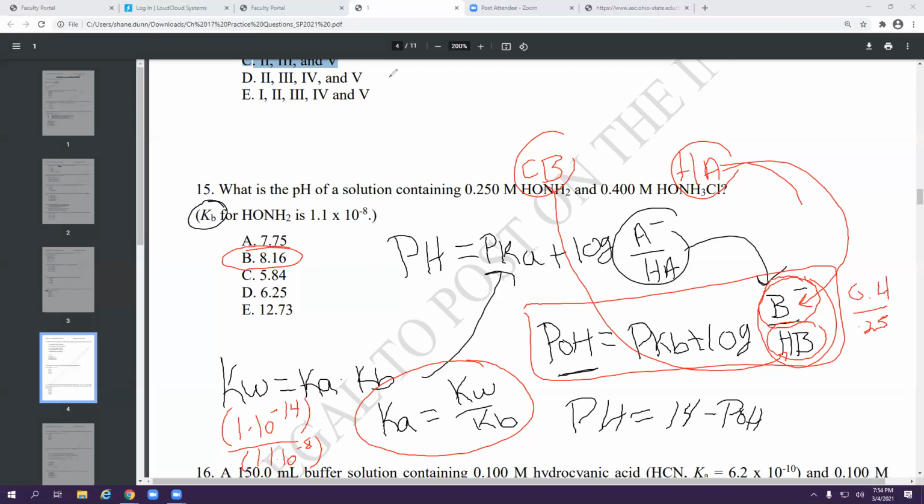B or D? Conjugate acid over the base. Okay.